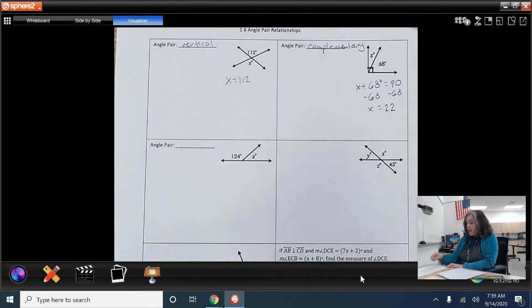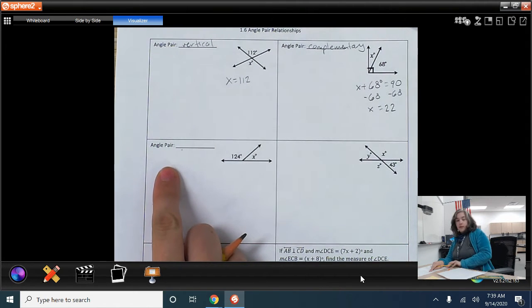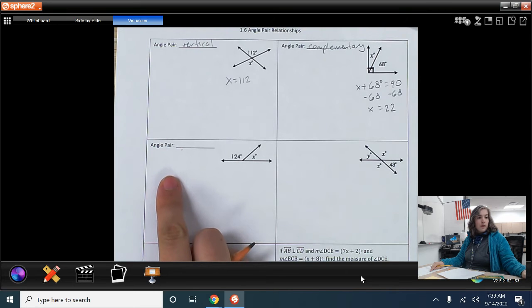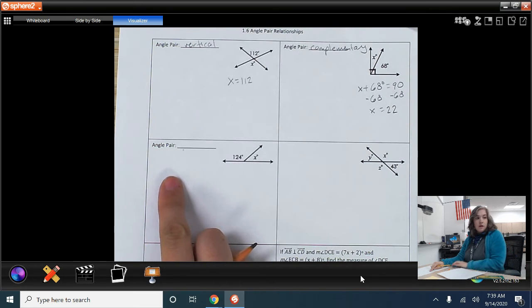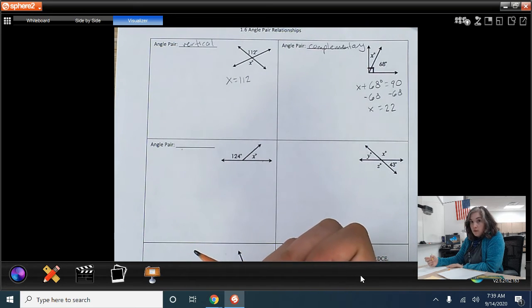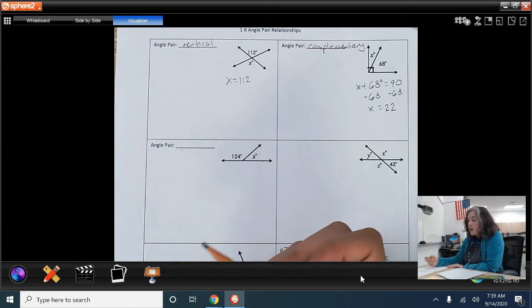Let's take a look at this one next. So this one, we have two angles. They are next to each other, but that's not how I'm going to define them. I'm not going to define them as adjacent.